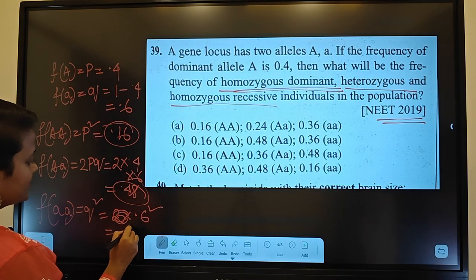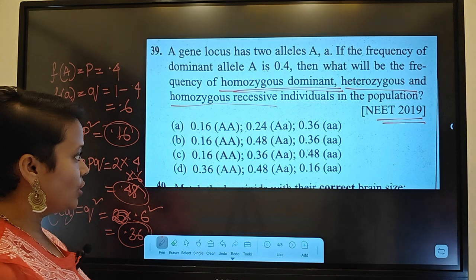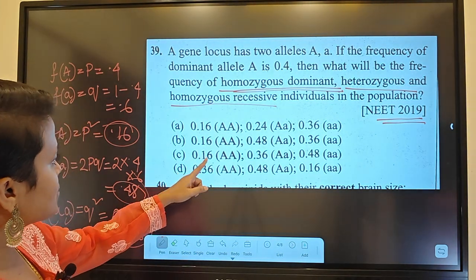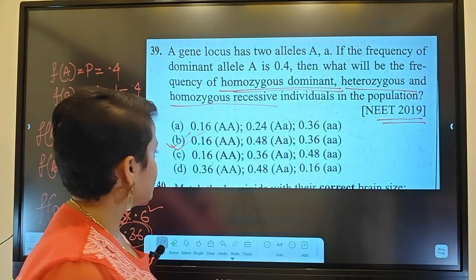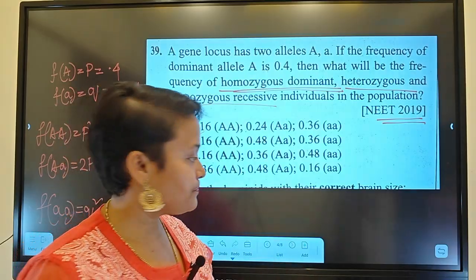So it will be 0.36, right? So as per the options, we can choose the correct option, that is B, 0.16, 0.48 and 0.36. It is easy.